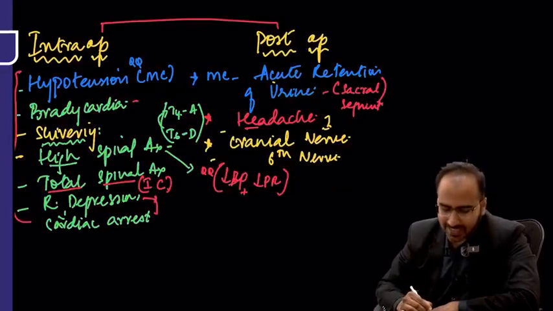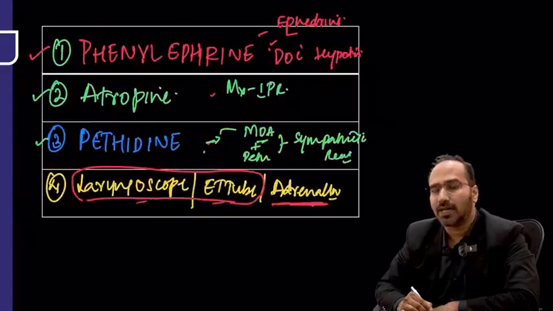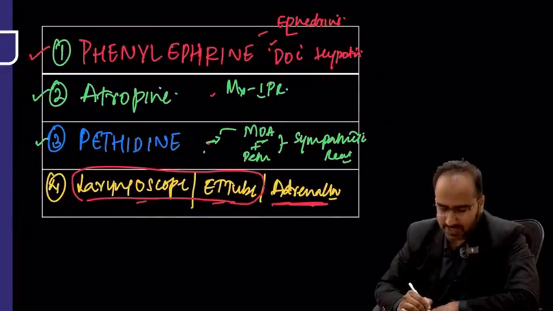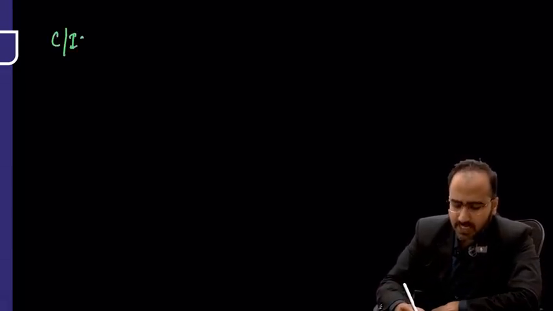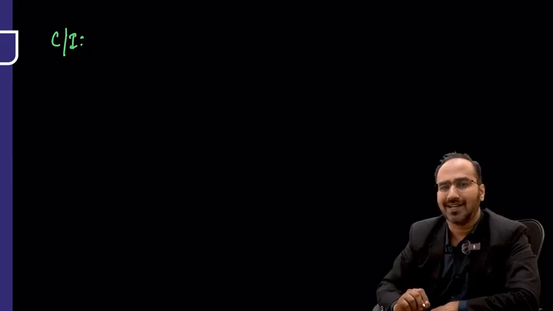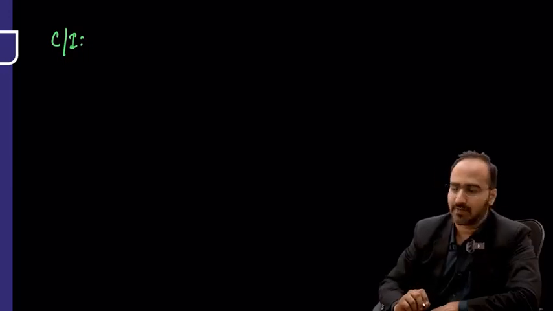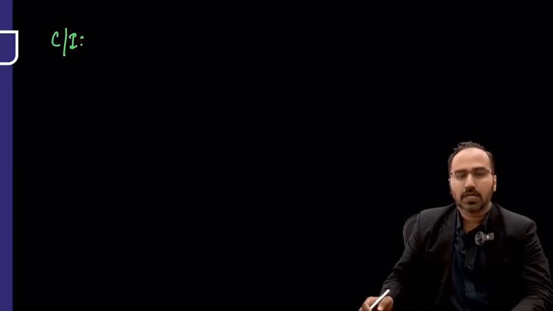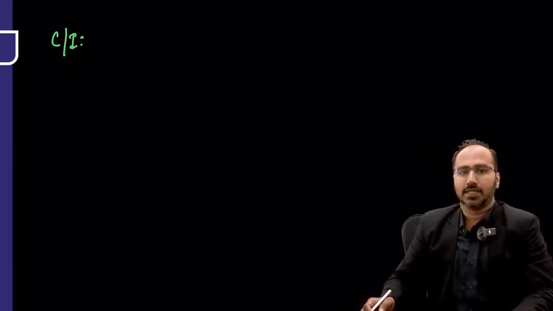So guys, these were the things that we need to know about spinal anesthesia, right? Now, apart from that, you also need to remember there are a few contraindications of spinal, conditions in which spinal anesthesia should not be given. Now, coming towards the contraindications of spinal anesthesia.